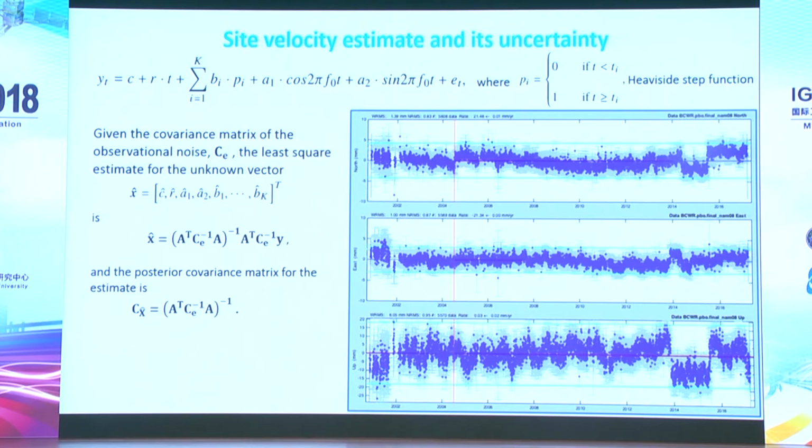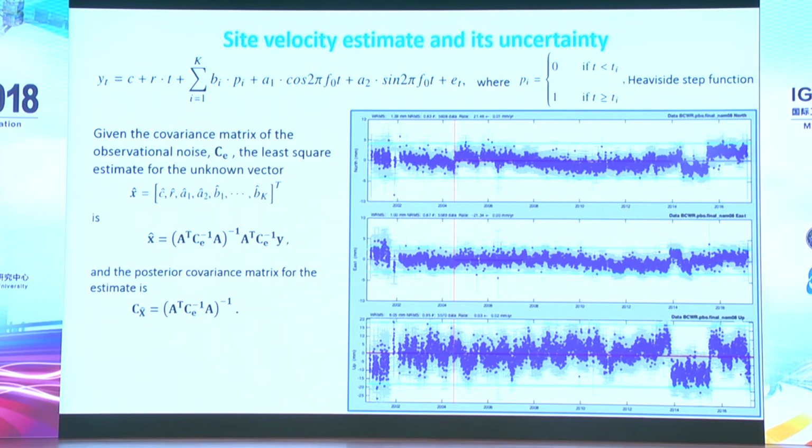If we put all the parameters we need to estimate into the unknown vector, it includes c, the velocity, the annual amplitude, and the magnitude of the data breaks. Then, if we are given the covariance matrix for the observation noise, we can just apply the least squares principle to estimate the velocity.